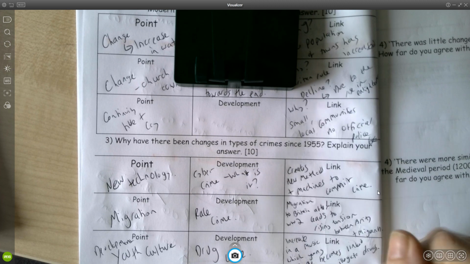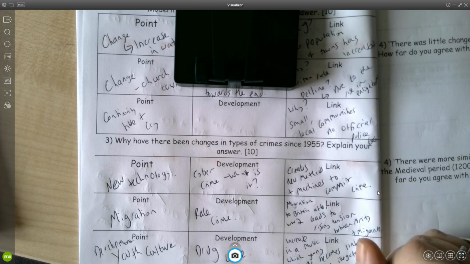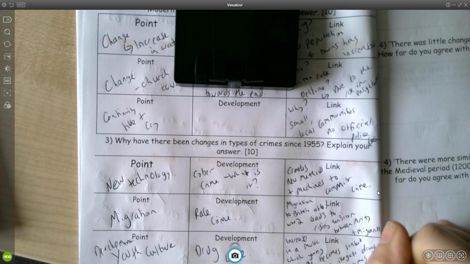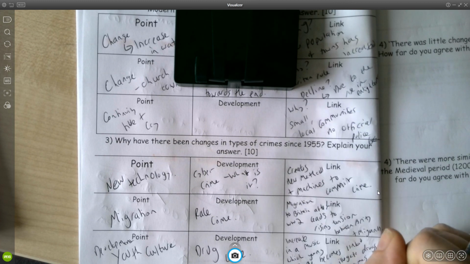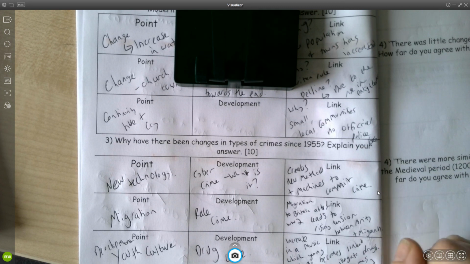This becomes a noticeable problem, so the government brings in drug classification and just makes all the drugs illegal. It becomes a widespread problem. Government reacts and bans drugs.